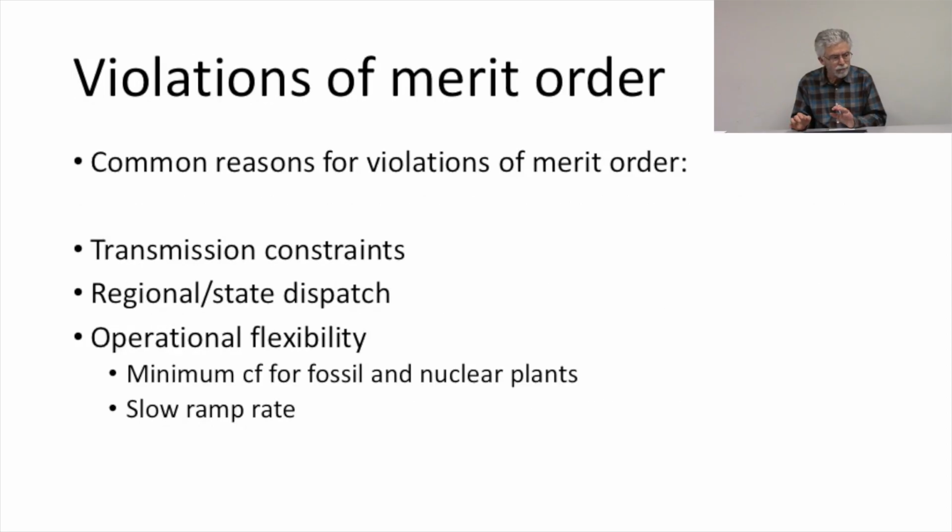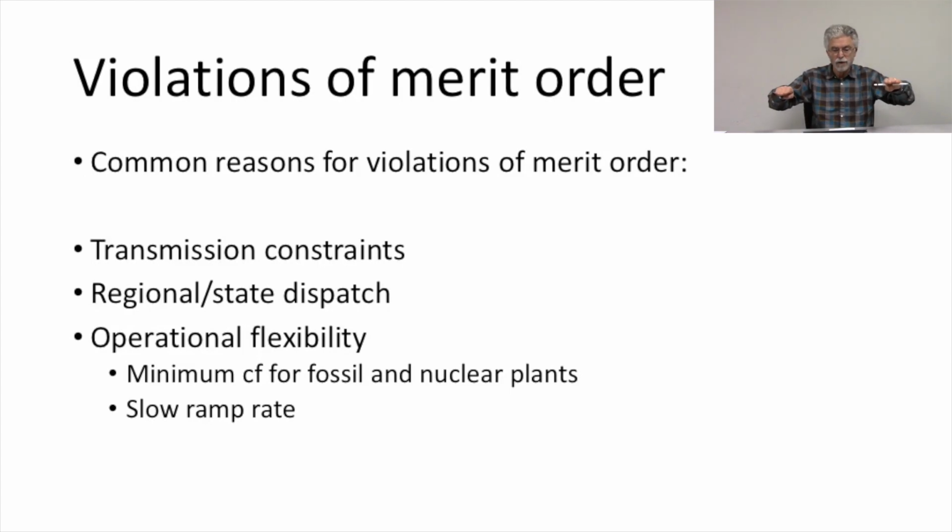So if using low marginal cost plants first is the most profitable allocation of these units, why might we see violations of merit order? Why might we see the use of high marginal cost plants before lower marginal cost plants? One reason might be transmission constraints.